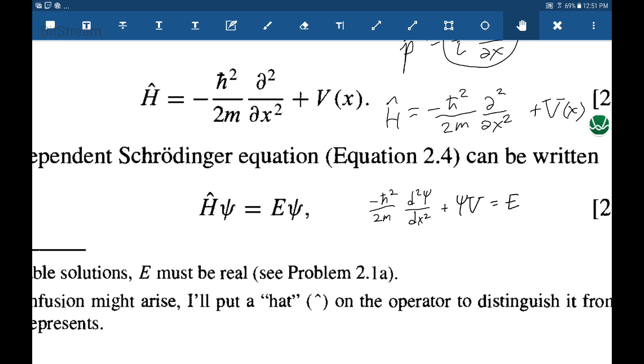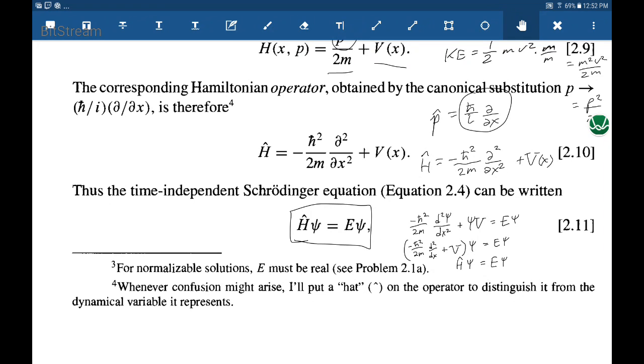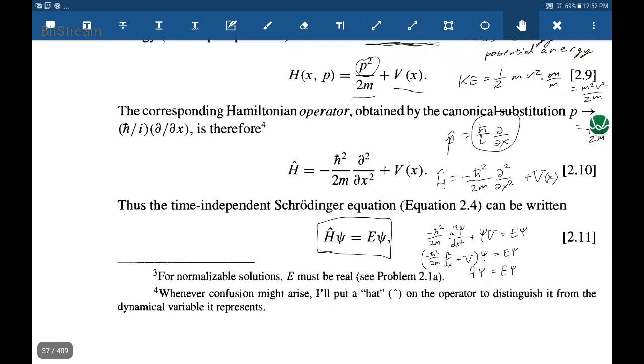So now my Hamiltonian is acting on psi. I get minus h bar squared over 2m d squared dx squared plus V acting on psi equals E psi. Or I get my Hamiltonian operator acting on psi equals energy times psi. This is probably the most common way you will see the time-independent Schrödinger equation written if you look it up on Google, because it's nice and pretty.